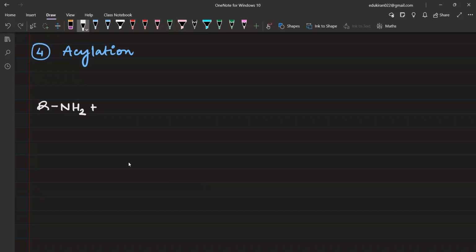RNH2 plus R dash C double bond O Cl, ठीक है। अब यहाँ पे this nitrogen atom that is having a lone pair of electrons, this RNH2 here, would be able to attack onto this carbonyl carbon because carbon is attached with double bond O and Cl.